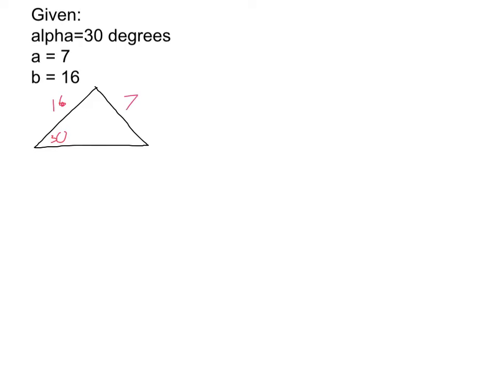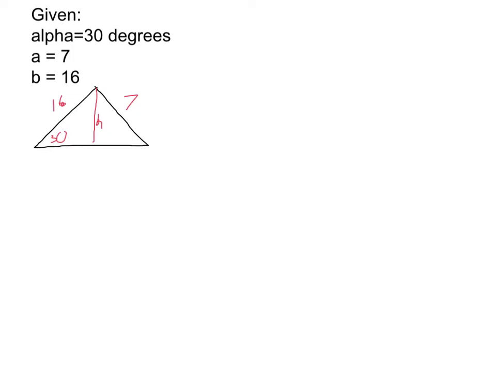Last time we compared a to b, which told us that we only had one triangle. Here my a is definitely less than b, so I don't know that I have just one oblique triangle. I need to think about what else I might have. In that case, I need to think about h, the height of my triangle.